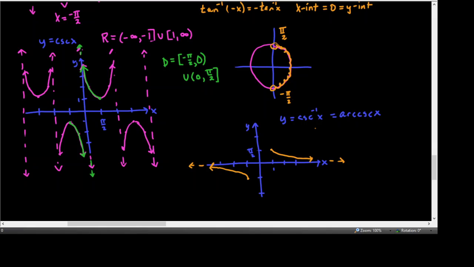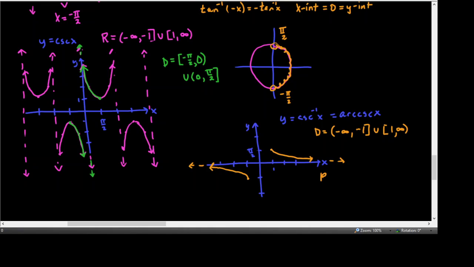So of course that means that the domain of this function is the x values we're using are from -infinity to -1, union 1 to infinity. No big surprise, that's the range of the original function.